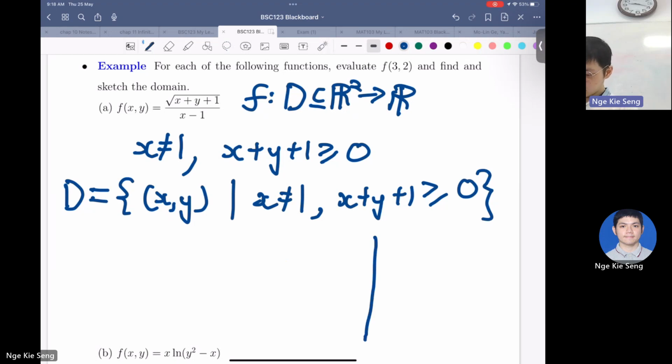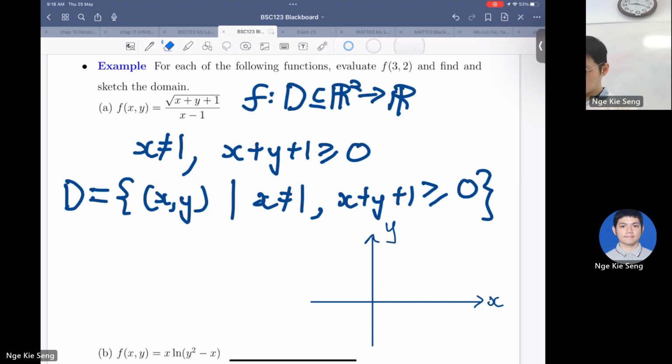How to represent this domain here? Can you draw it up?